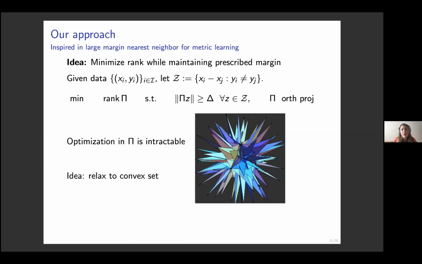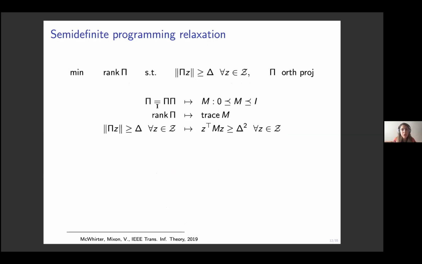Optimizing in the space of orthogonal projections is hard because this is not a manifold and it's not convex. So we're going to relax this set of orthogonal projections to a convex set where optimization is tractable. This is a slide where I explain what the semi-definite relaxation does.